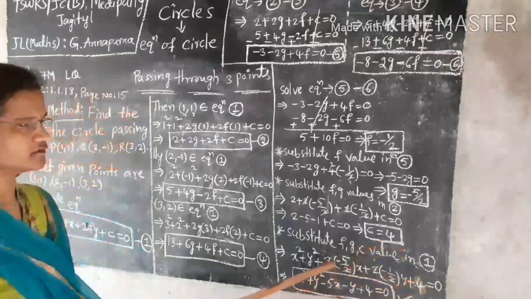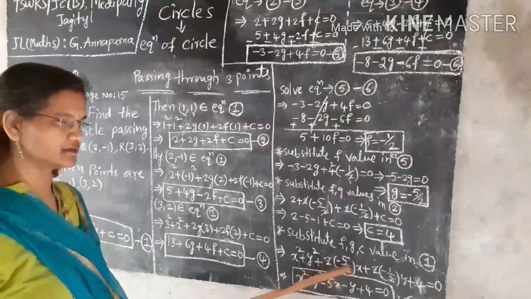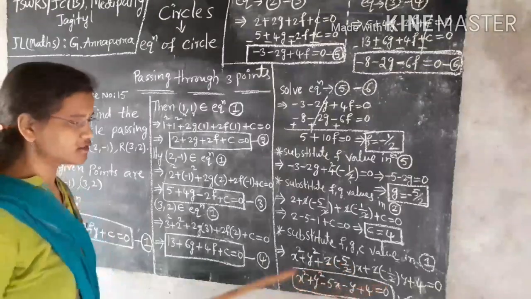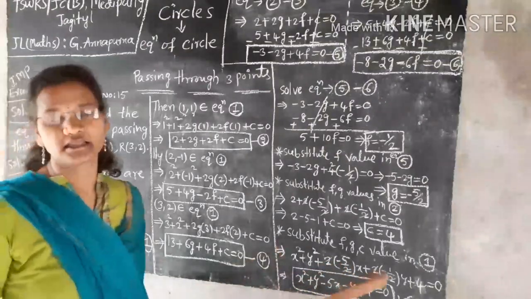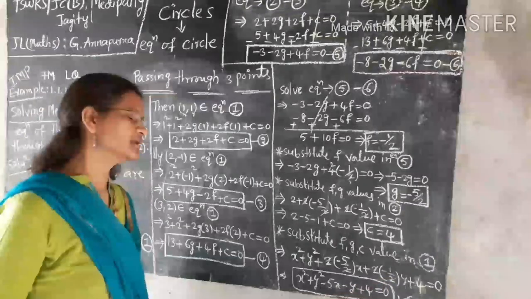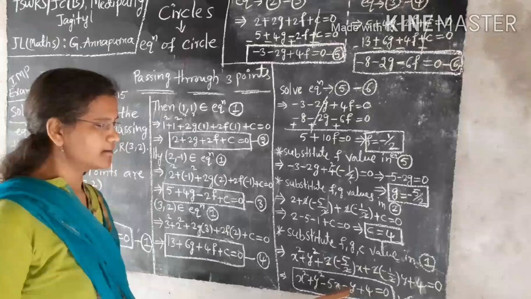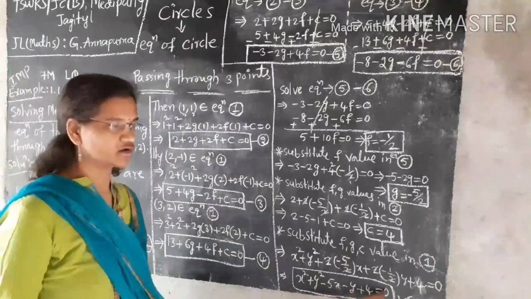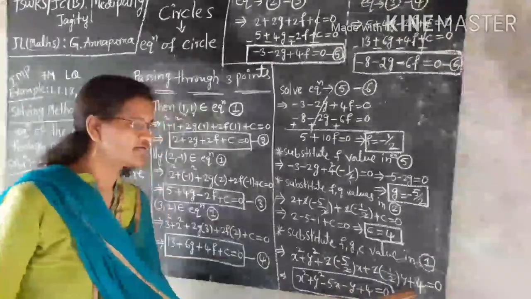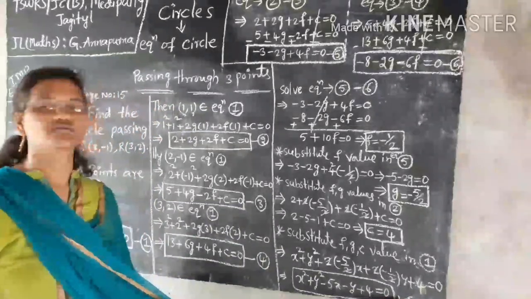The 2s will cancel. So finally we got the required equation: x square plus y square minus 5x minus y plus 4 is equal to 0. This is the final required equation.